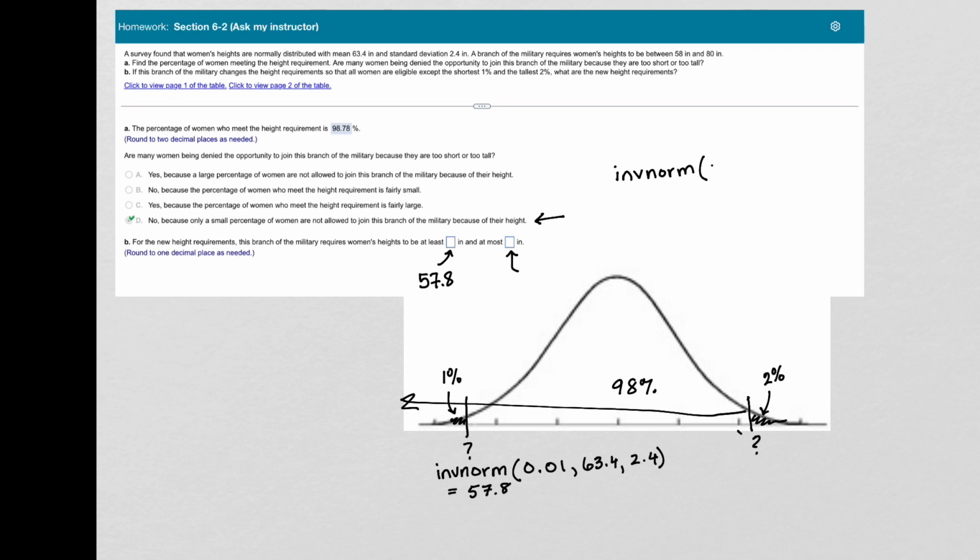So we have 98% on the left. The mean is 63.4. The standard deviation is 2.4. And we get, let's see, what is the height? 68.3 inches. So that's what's going to go there. And that's how we solve that problem.